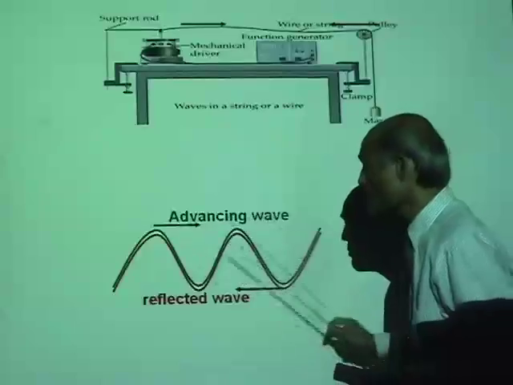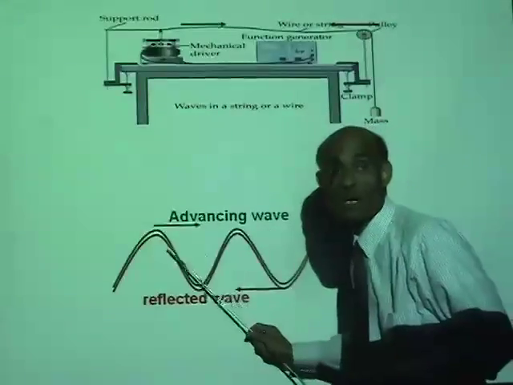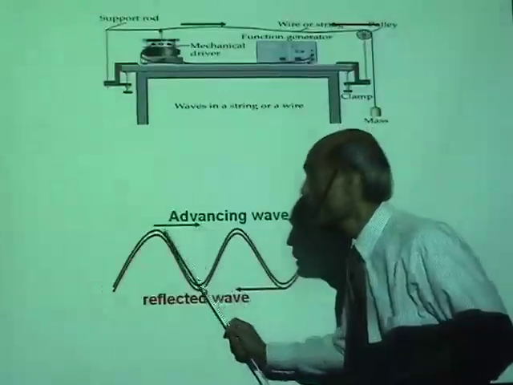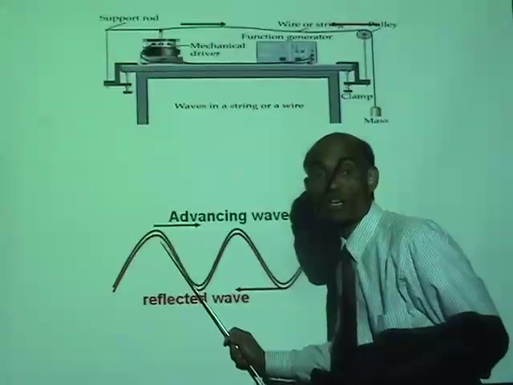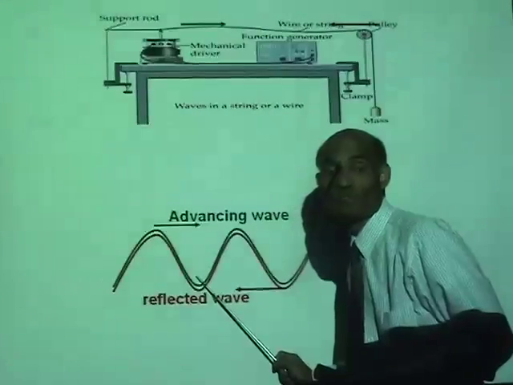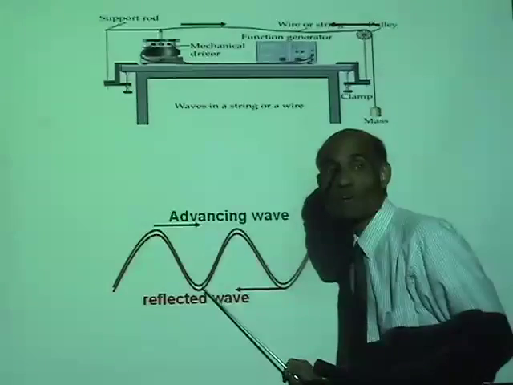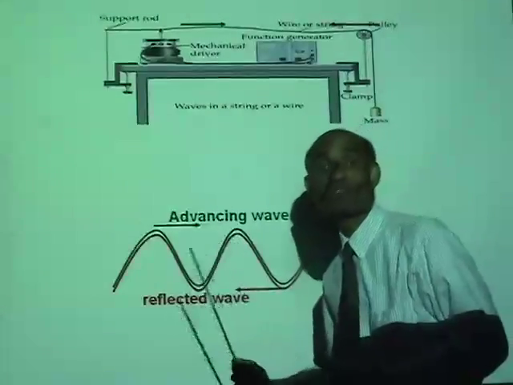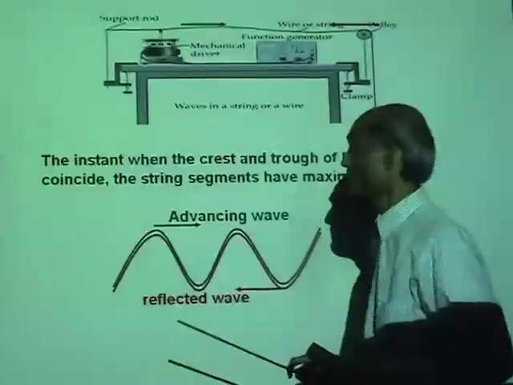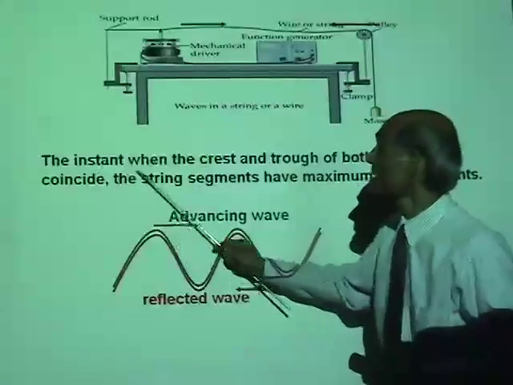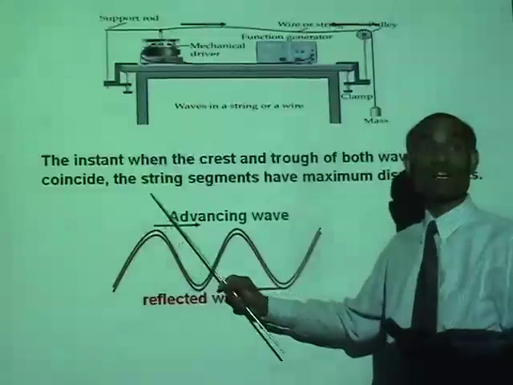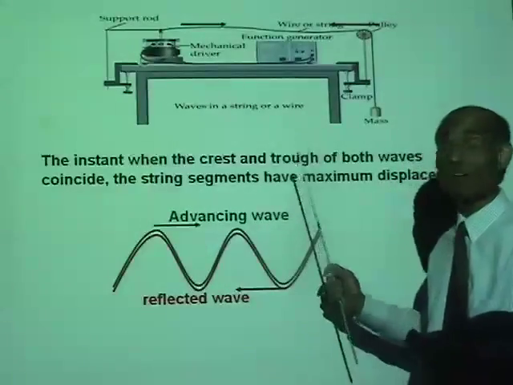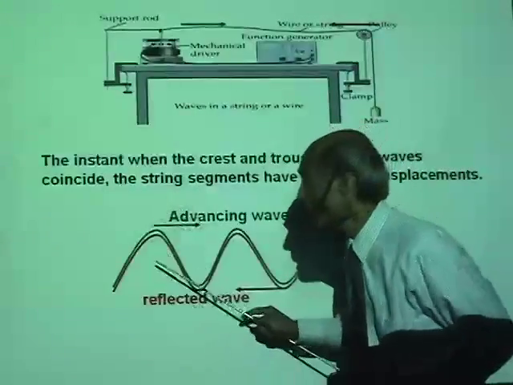So the advancing wave and the reflected wave meet at a point with the crest of the advancing wave on the crest of the reflected wave, the trough of the advancing wave on the trough of the reflected wave. What will happen? The instant when the crest and trough of both waves coincide, the string segments have maximum displacements.